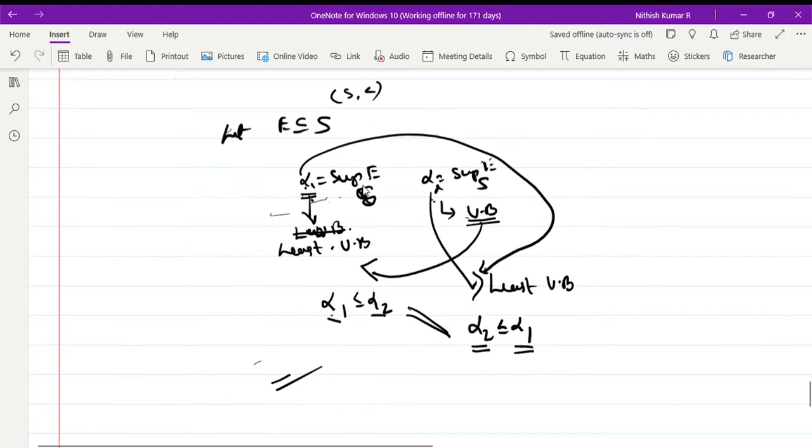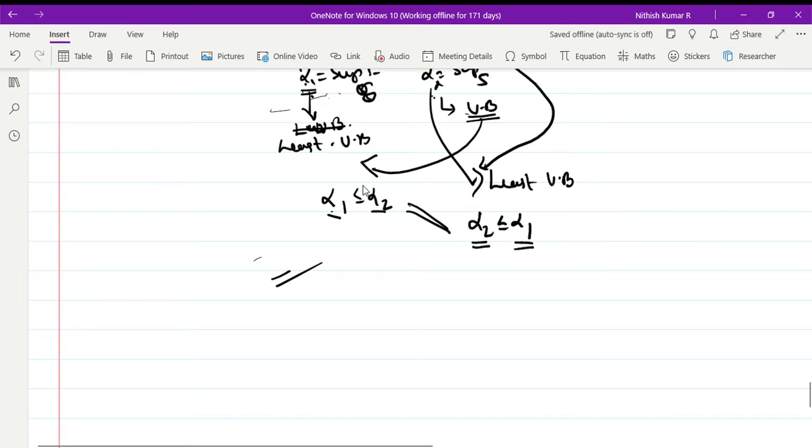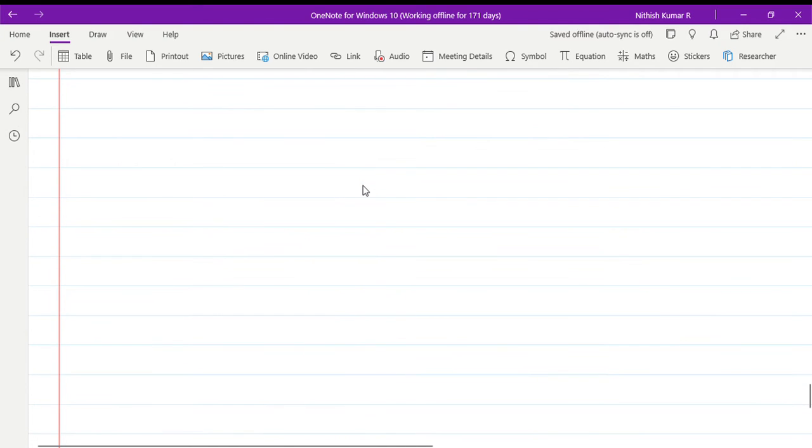Now, in this result we said that if the supremum exists, then it is unique. That means a supremum need not always exist for a set.